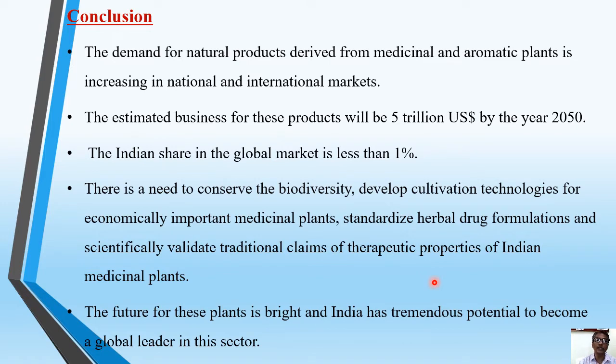The Indian share in the global market is less than 1%, and therefore there is a need to conserve the biodiversity, develop cultivation technologies for the economically important medicinal plants, standardize the herbal drug formulations, and scientifically validate the traditional claims of the therapeutic properties of Indian medicinal plants.